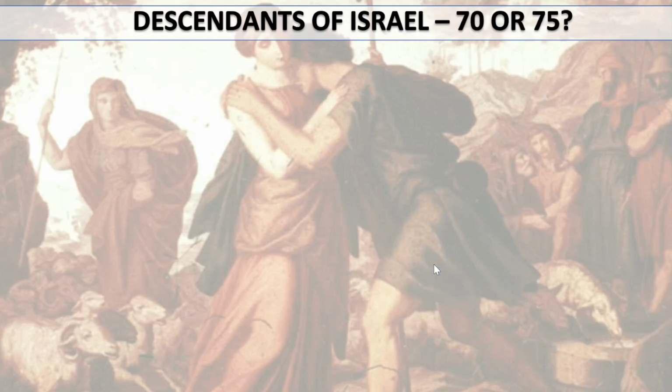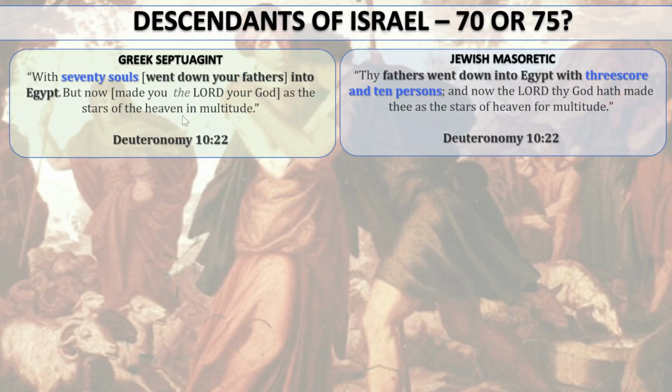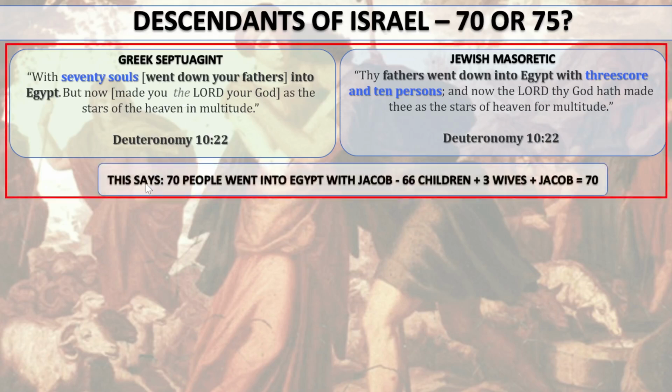All right. So, again, Deuteronomy 10:22 is saying 70 people. So this says 70 people went into Egypt with Jacob: 66 children, plus his 3 wives, plus Jacob. All right. So that's what this is saying.